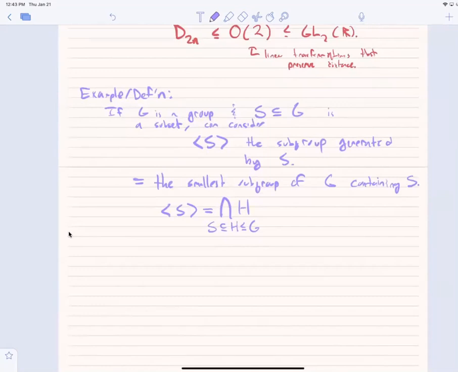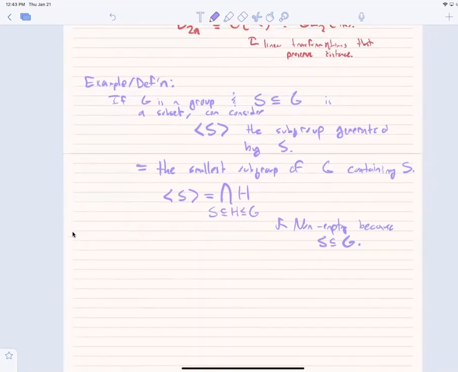So this is a non-empty intersection. You're intersecting non-empty things because each one contains S and in particular is a subgroup that contains S. So this intersection will contain S as long as it's not empty, and it'll be non-empty as soon as there's one thing in it, because all the things in it contain S. And G is in this because G contains S. So good.